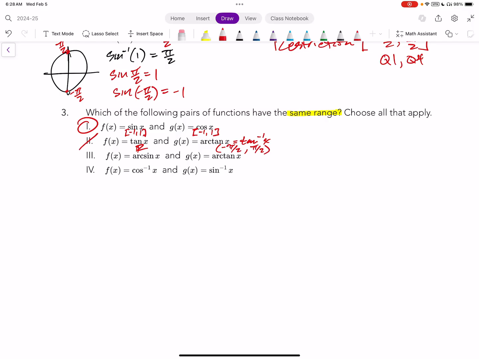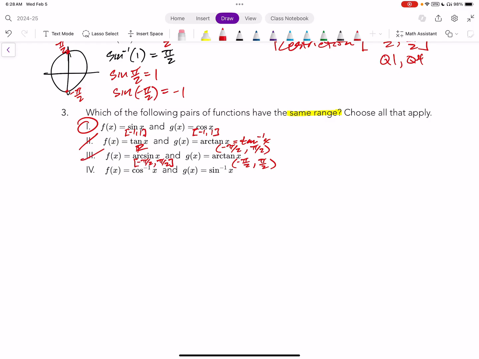Okay, so not this one right here. These are different ranges. The range of arc sine, or the inverse sine, is from -pi halves to +pi halves. And the range for the inverse tangent is from -pi halves to pi halves open, because you can't include the asymptotes. It's not defined there. So these are different.